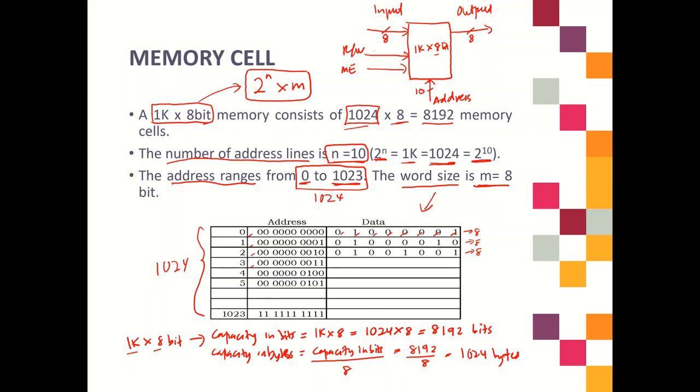So this is how you draw your memory diagram. Basically, you must have 5 lines, and for input, output, and address, you must refer to the values that you have already determined. Input and output refer to m, the word size. Address line refers to n. Your n here is 10, so the value of your address line is equal to 10.